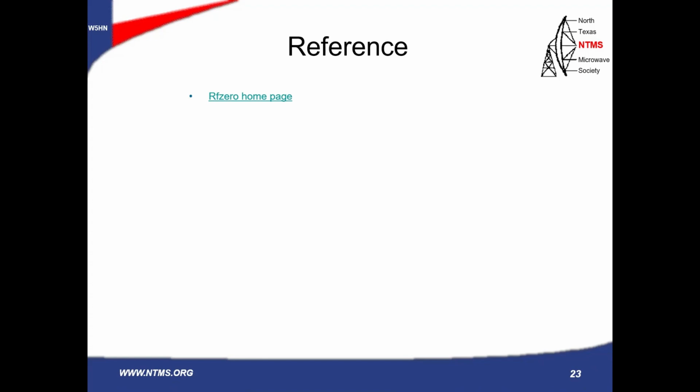I guess you're not on the NTMS Slack page? On the Slack page? No, I haven't joined that yet. How about if I send you an invite? Be great. Can you pass along your email here? Yeah, sure. It's KG5EIU at W5FC.org.